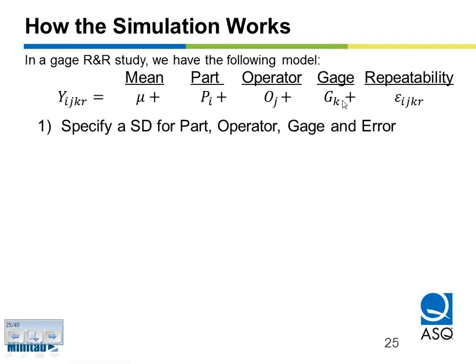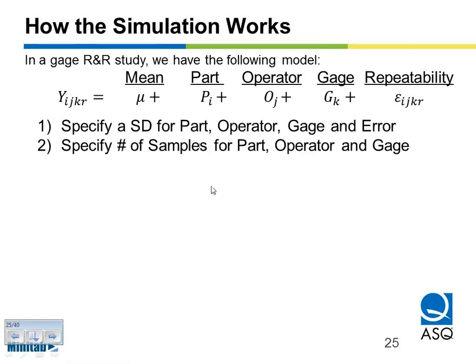We go ahead and use this model and the standard deviation that we chose to implement, and then we can simulate a set of data. So we're going to simulate a number of samples that we're going to take, and then we're going to go ahead and generate that data based on those known values for those standard deviations.